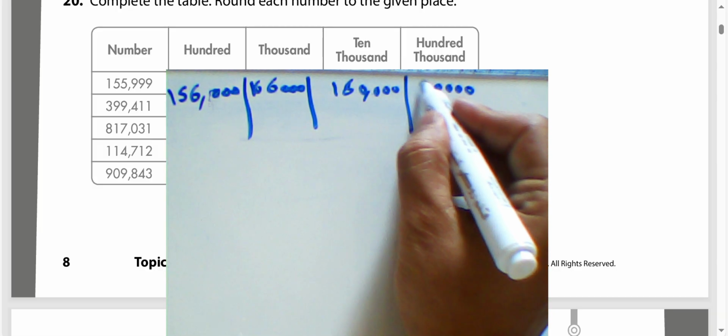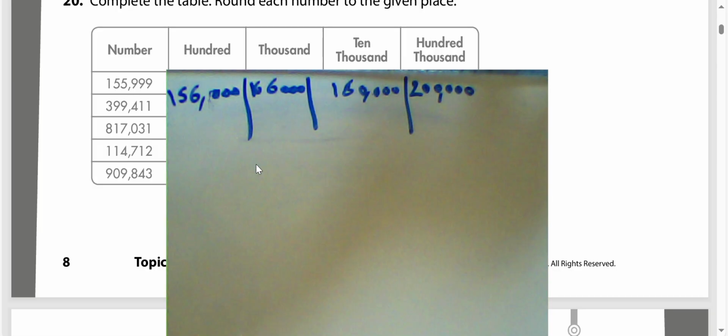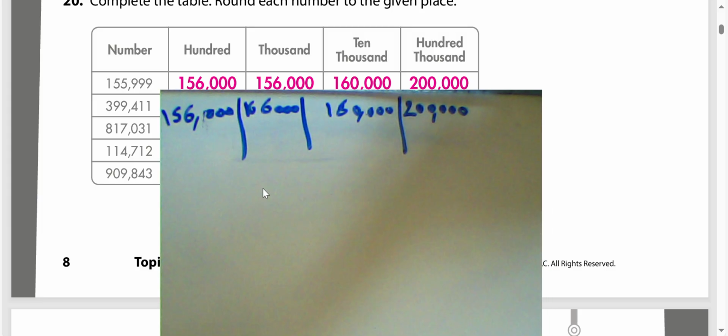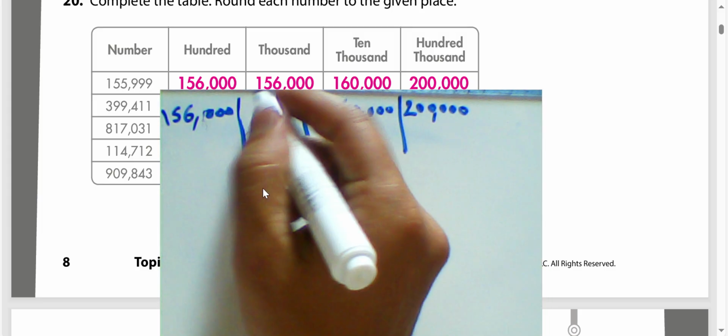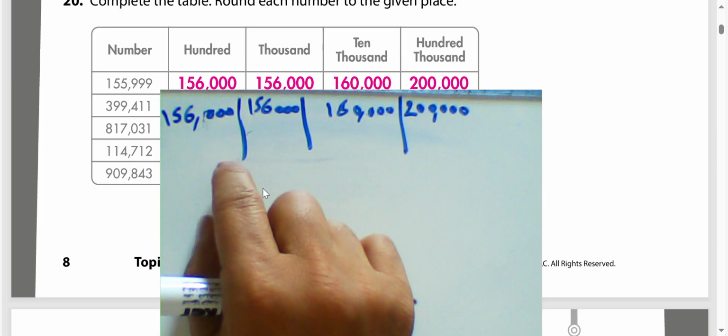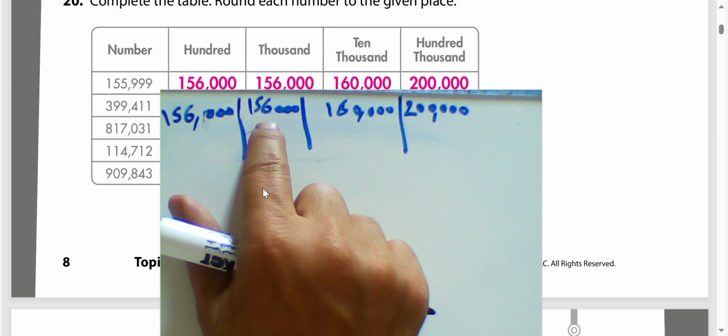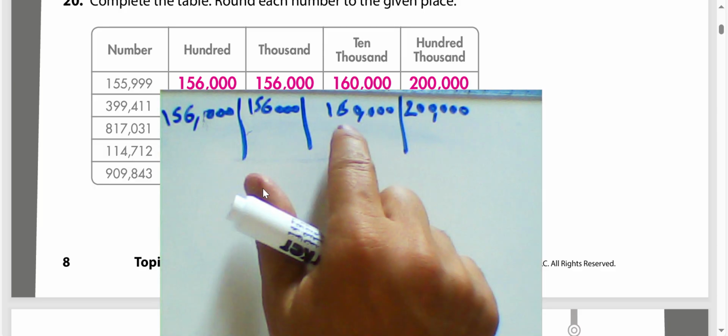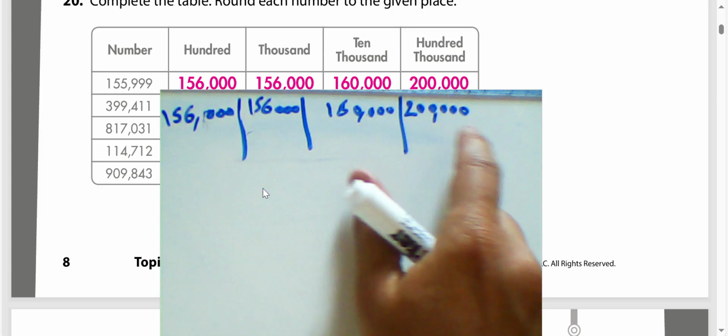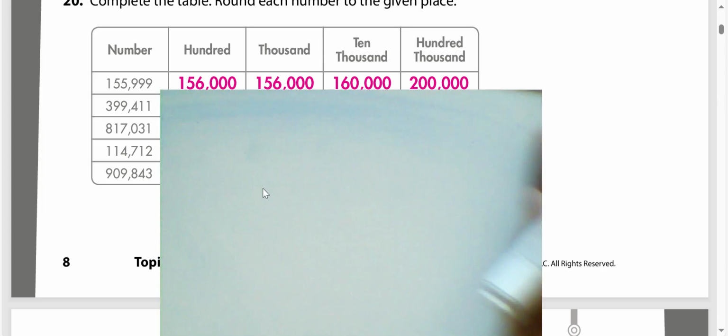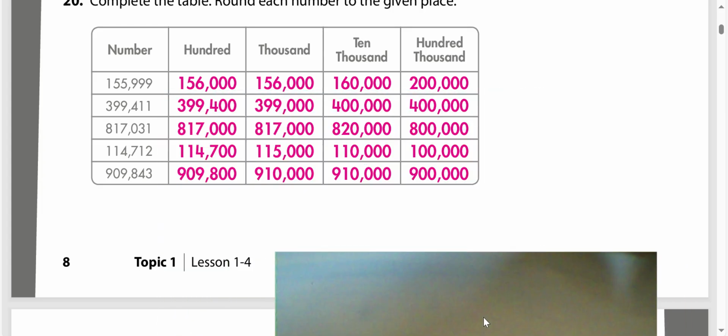Right, 0, 5 give 1, it will be 200,000. Okay, this is the answer about this question. Okay, understood. The result here about approximately the nearest 1,000, 6 and 5 and 1, and here 160,000, 200,000. Okay, you can complete all the solution about approximating like this.